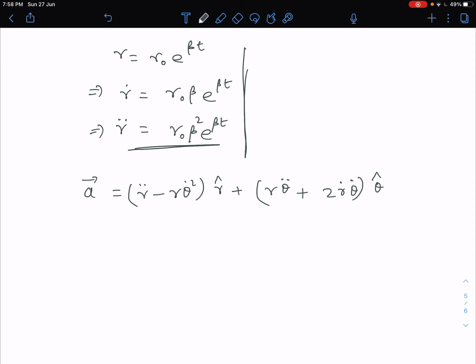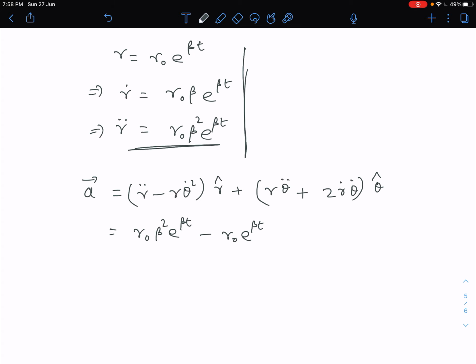So what is r double dot? r double dot is r naught beta square e to the power beta t, minus r, which is r naught e to the power beta t, times theta dot square.